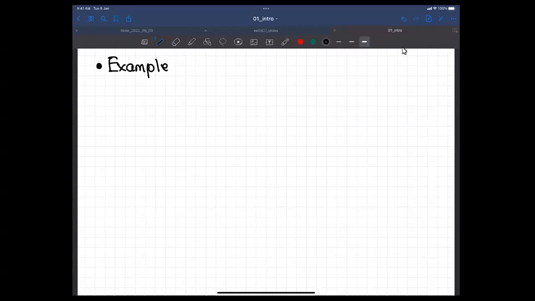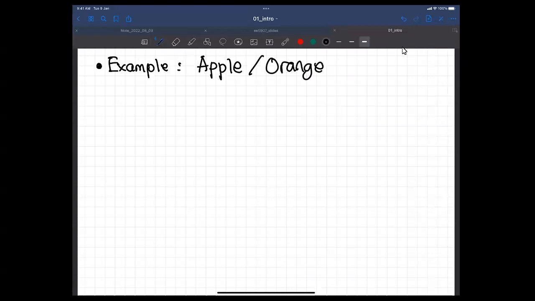So in this example, let's try to learn how to recognize or differentiate between apple and orange.